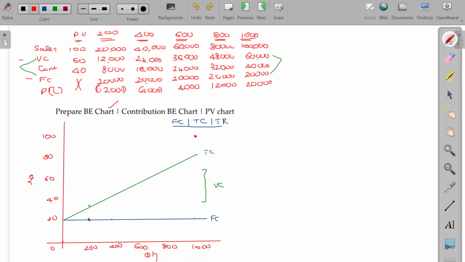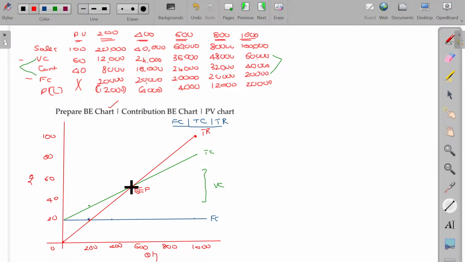So here, I am going to connect all these dots. This will be the total revenue. Clear? The point where total revenue intersects the total cost, this point is called BEP.